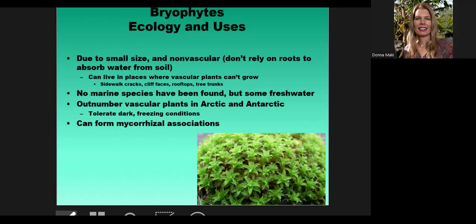You're going to see some experts saying mosses can't form mycorrhizal relationships, but I found some published journal articles that negate that. So you're going to see that debate still. There are some scientists who don't know that, but at least in the papers I read, it seemed pretty plausible.